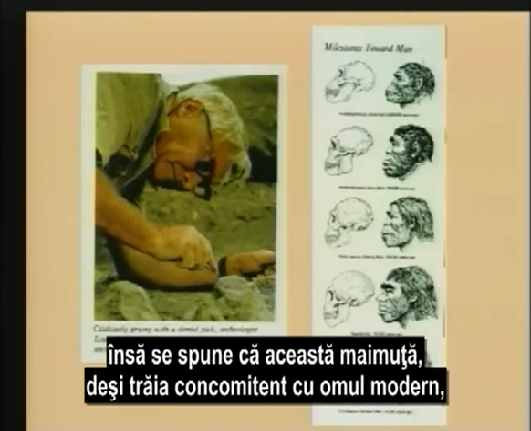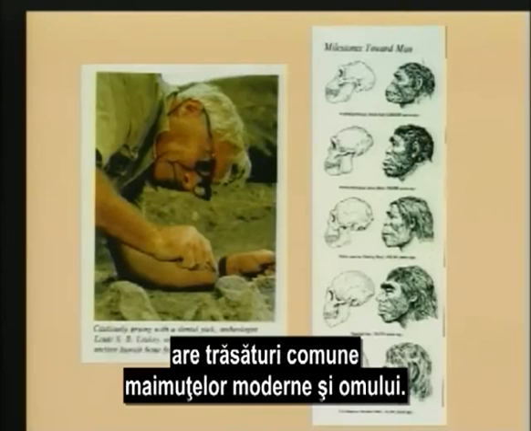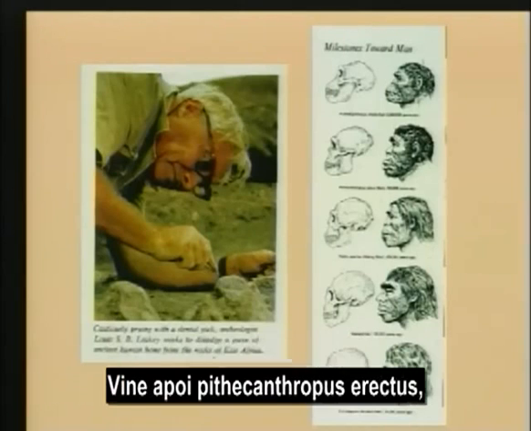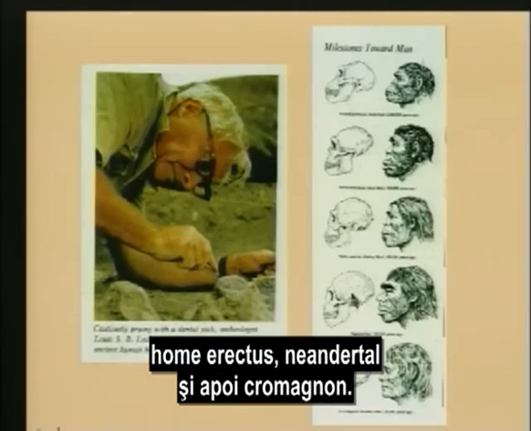But they say that this ape, although he lived together with modern man already, has features that were probably in between the really modern apes and man. And then they take him through various lines of Pithecanthropus erectus and Homo erectus to Neanderthalensis over there, Neanderthal man, and then Cro-Magnon man over there.